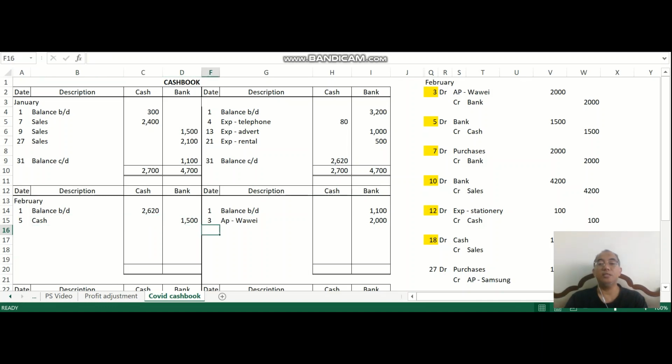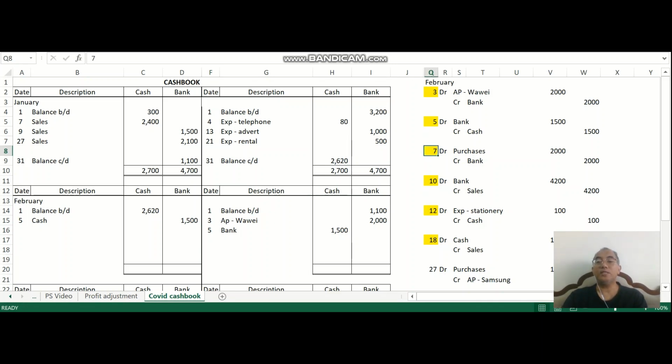And then credit, cash, credit. So I go to the credit side, under cash. So 1005, same here. It's from the bank. So on the 5th. Okay, settle that one.